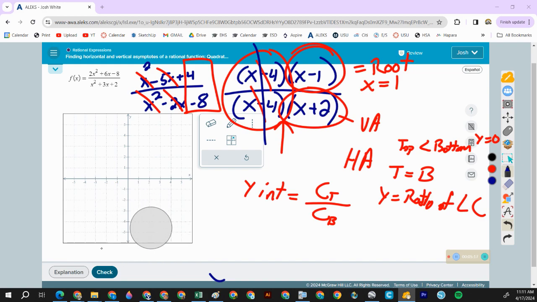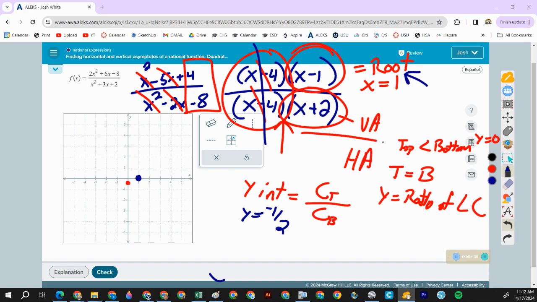So here's how we graph this. Okay, I have a root at x equals 1. So we cross the x-axis at 1. I have a y-intercept of y equals negative 1/2. So I'm going to put my y-intercept at negative 1/2. Okay.